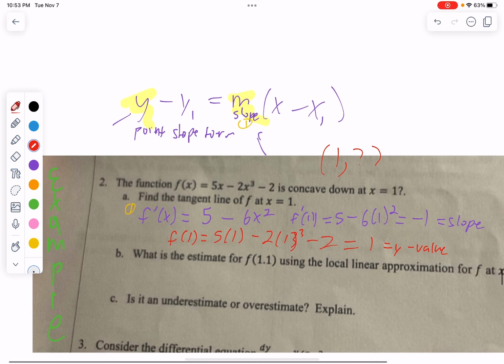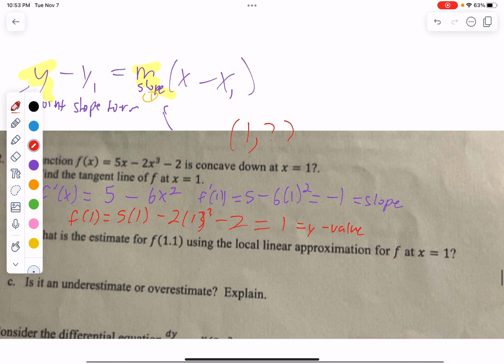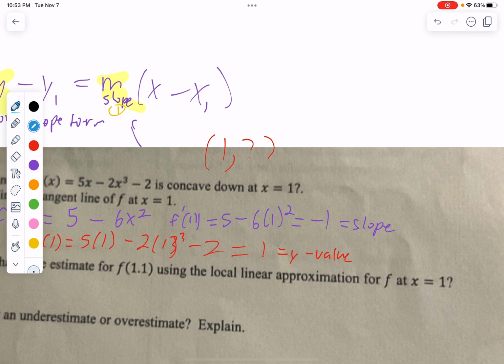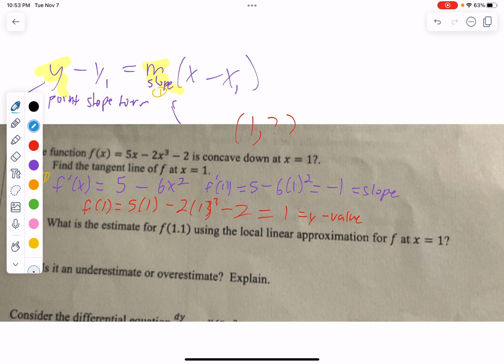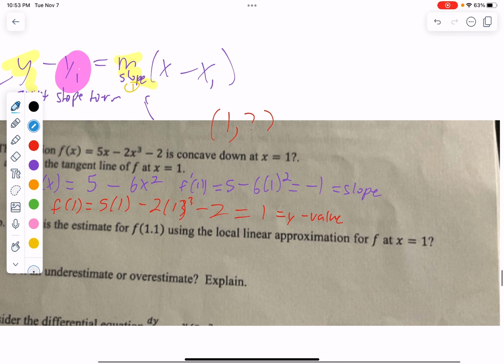Once we finish this up and actually write our tangent line, we have everything we need to fill it in. I also highlighted the wrong y, guys. I apologize for that. The y that should be highlighted, I will highlight in pink. This is the y we're actually looking for, because in point slope form, that first y stays the same.